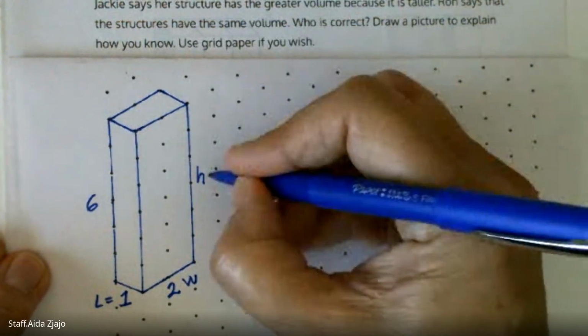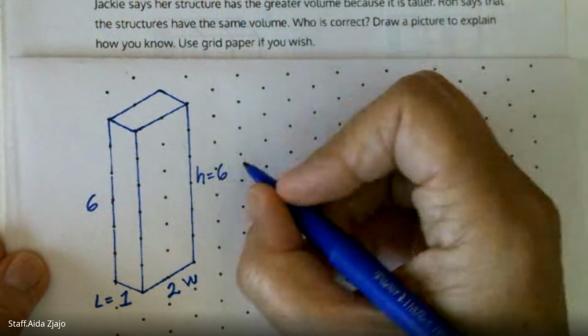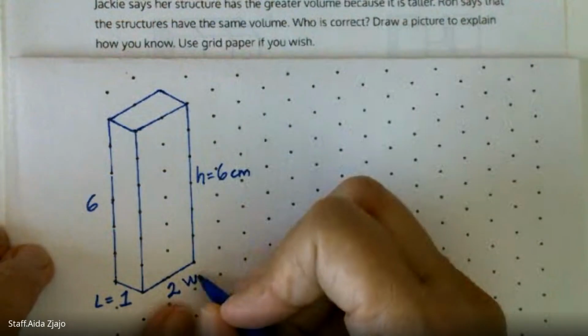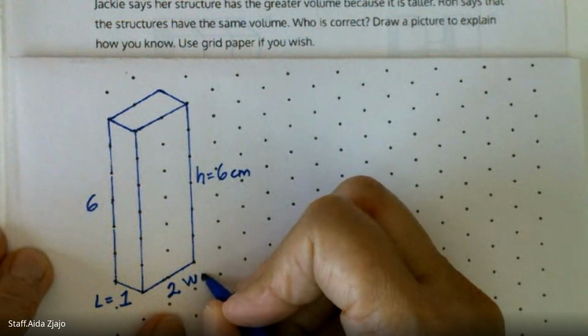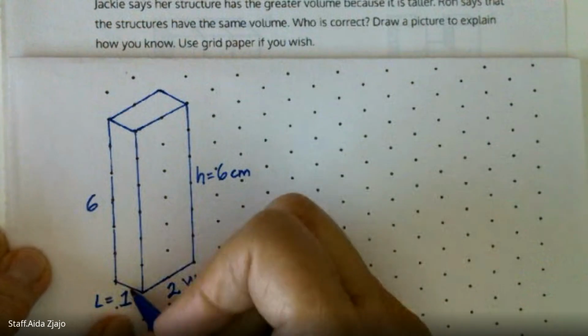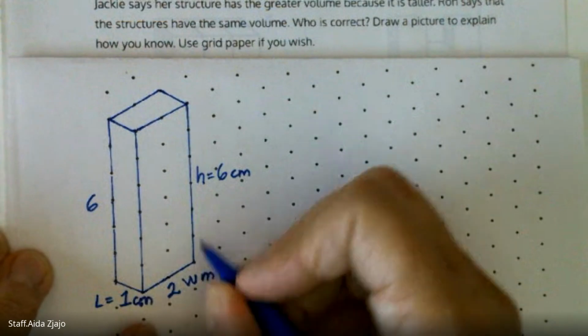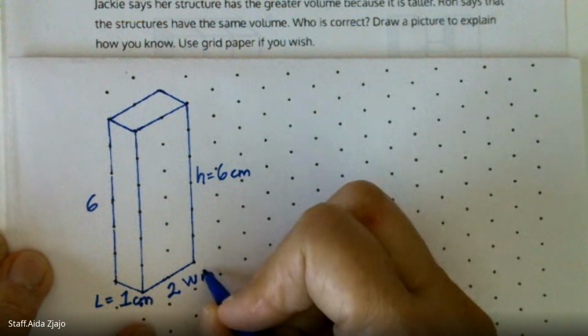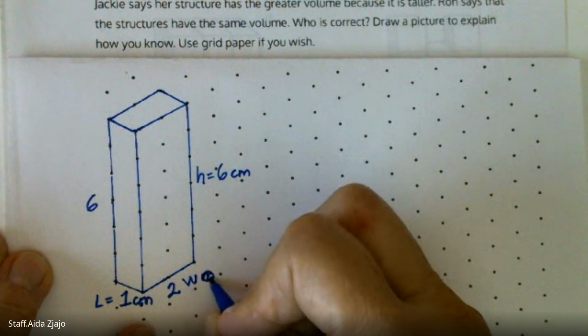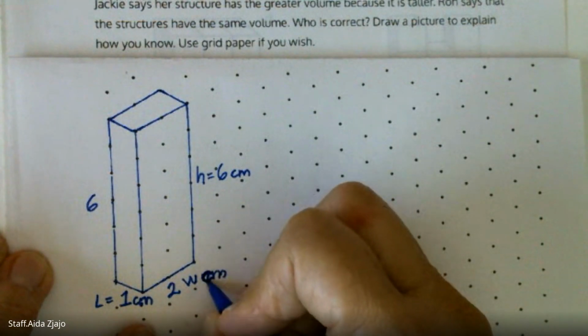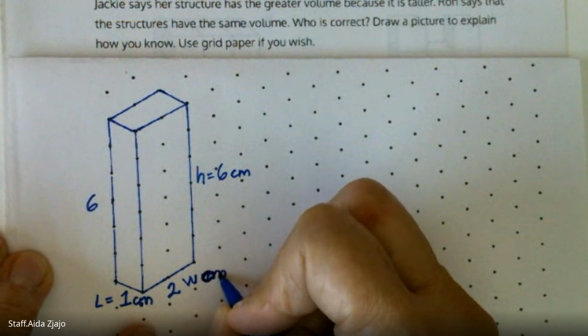So the height is 6 centimeters, the width is 2 centimeters, and the length is 1 centimeter. Oops, I messed up, I wouldn't make it meters. Sorry, cm, centimeters.